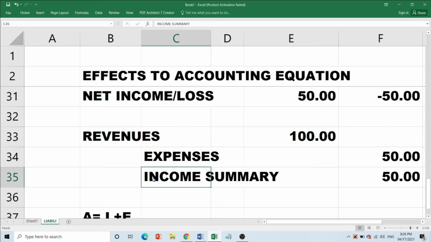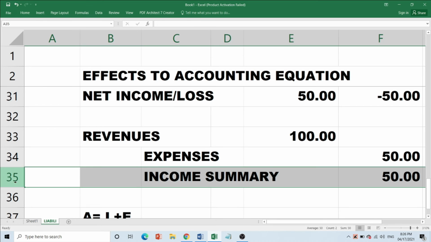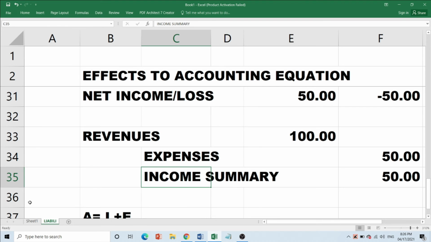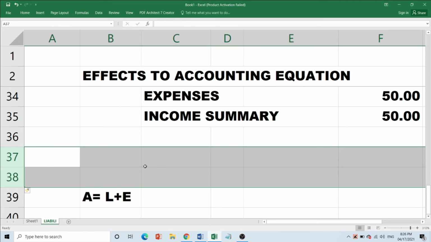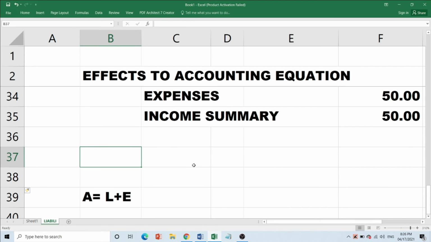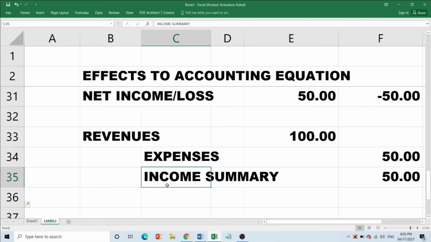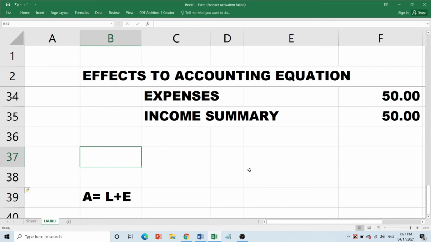In order for this na lahat ng revenues and expenses is papasok muna dito. And then after that, kapag okay na siya, income summary, i-close din ulit natin si income summary, mapupunta na siya sa equity.